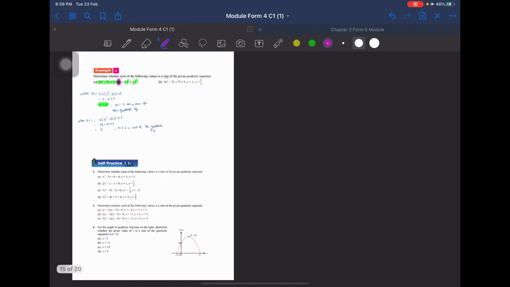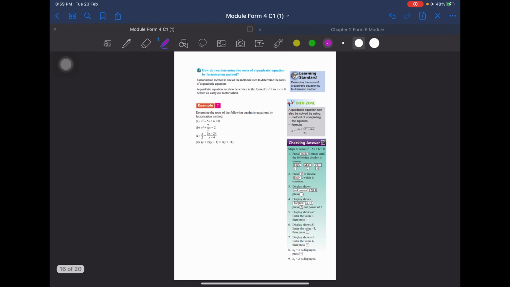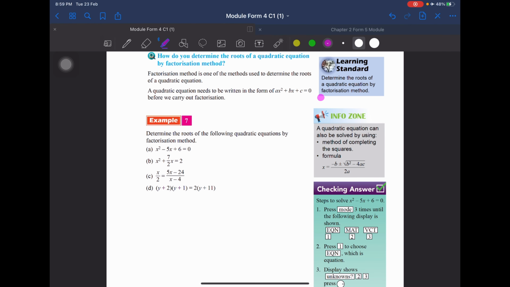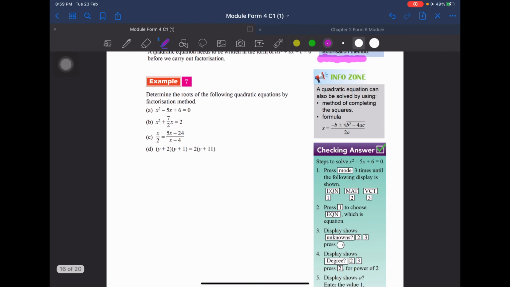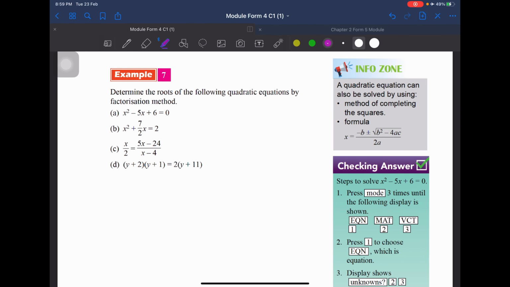Okay, so the next method is by using factorization method. Actually, I think we have learned this during Form 2. I hope you still remember and try to recall it back. Look at the first example.